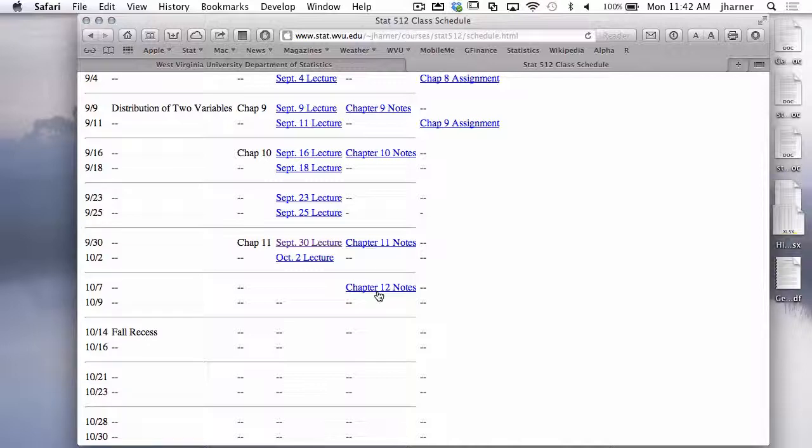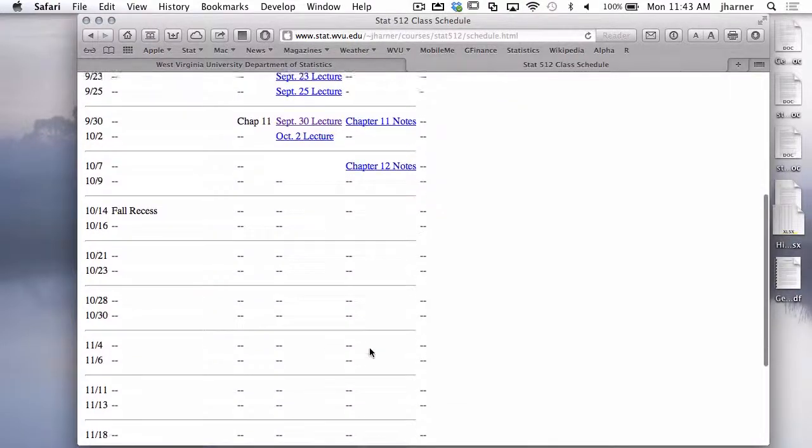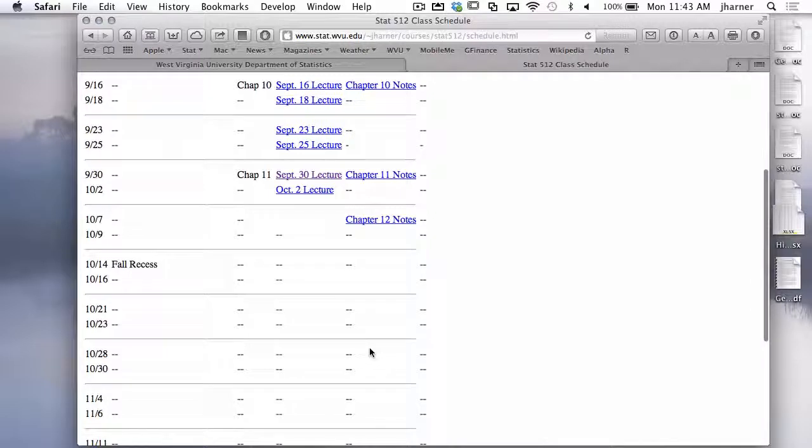12 is a fairly long chapter, and we'll have to see. There might be more than one assignment associated with it. We will probably get through the first three sections of chapter 12 this week, which are the design sections.